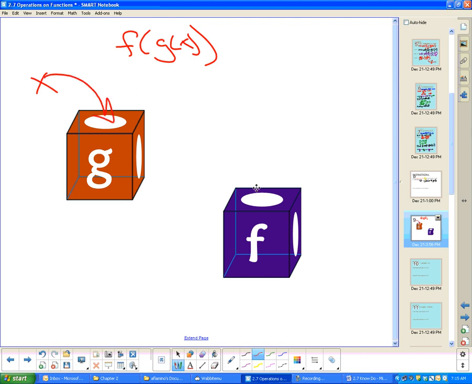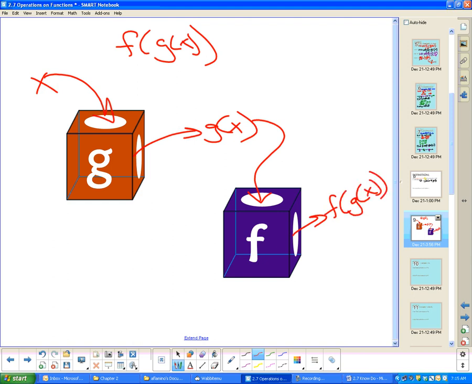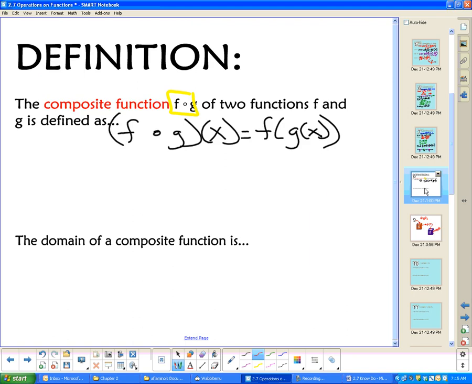We get some result out. That result is called g of x. And then we take that result and put it into the function f, and we get out our f of g of x. And that's how that works right there. So it's a chain of events. We have to link these two together. And that's composite functions, which we've seen in the past.